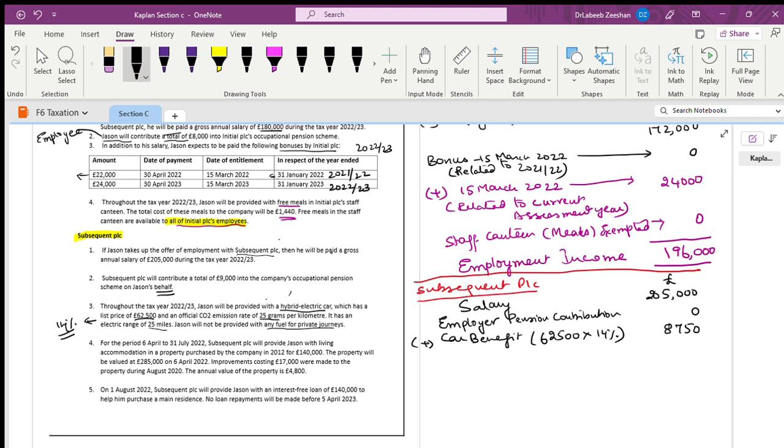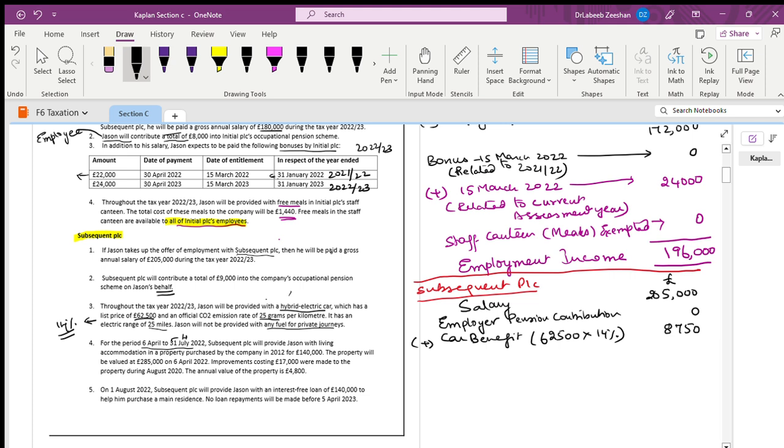Next. What is there from April 6th to 31st July? They will provide Jason with living accommodation. April, May, June, July.